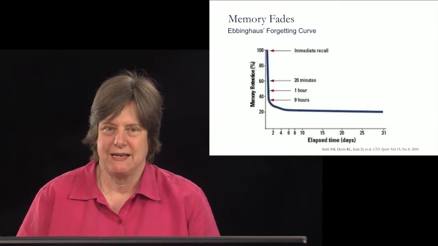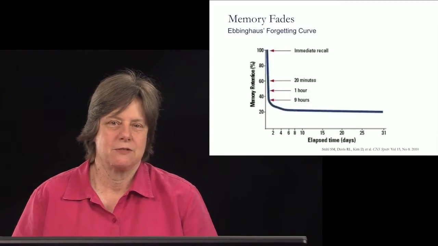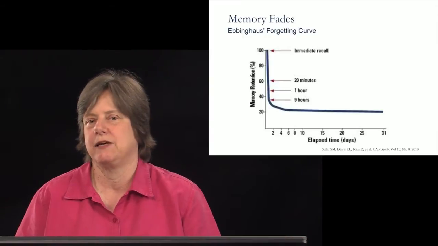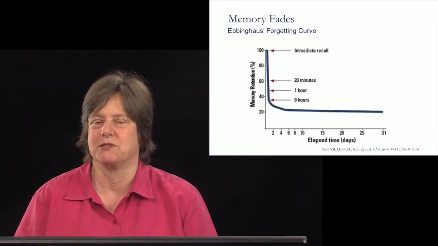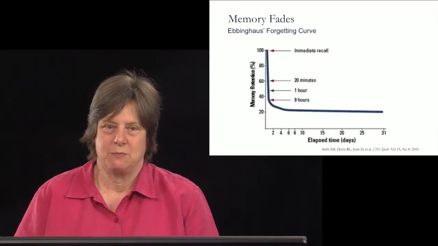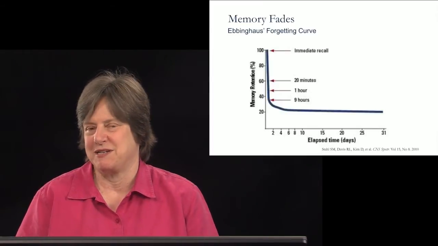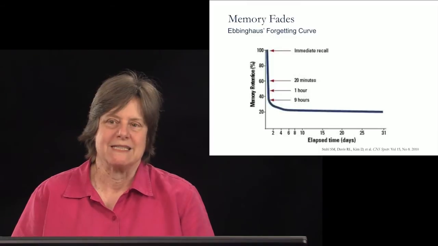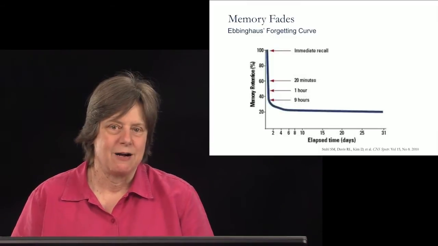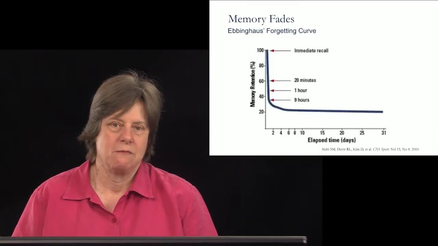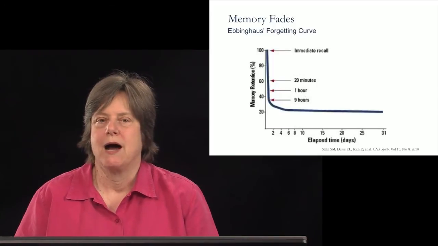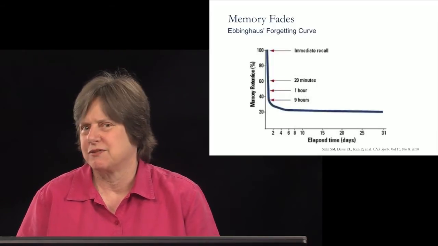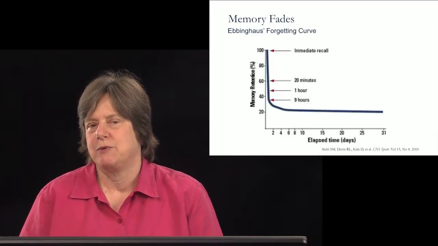He started to look at memory issues, and he needed to make it simple, as we do in research, so that it would be easy to measure. So he practiced memorizing nonsense syllables, things like yub or zek or gelk. They didn't have any meaning, didn't connect with any real word. He would memorize a list of those, say 50 of them, and then test himself on it.